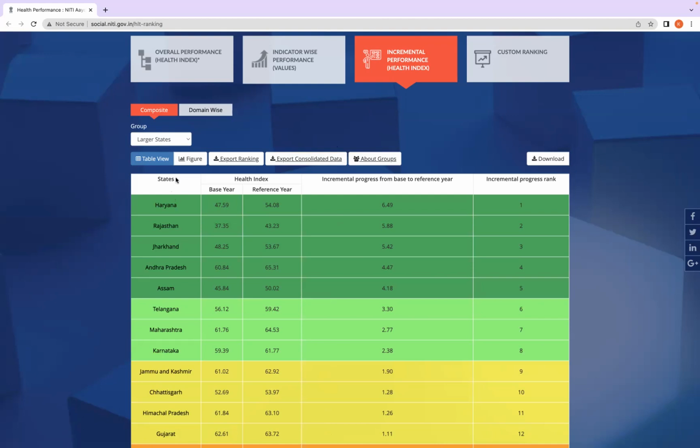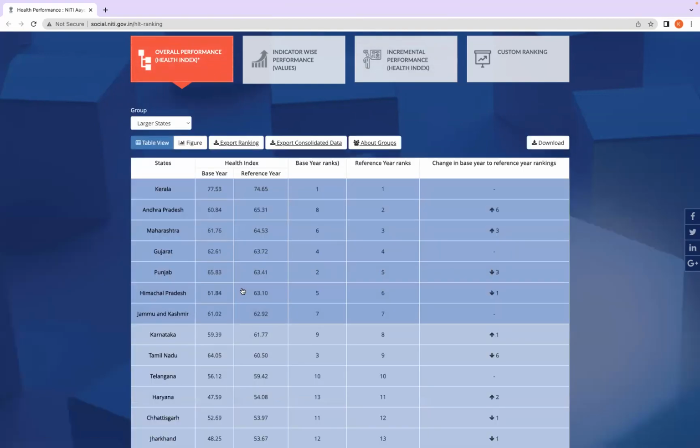Overall performance health index. Okay, this is giving a report on which state rises as per the ranking and which is going down. The top arrow shows that it is increasing as per the ranking, and the bottom shows that it is going down. Go to this custom ranking.